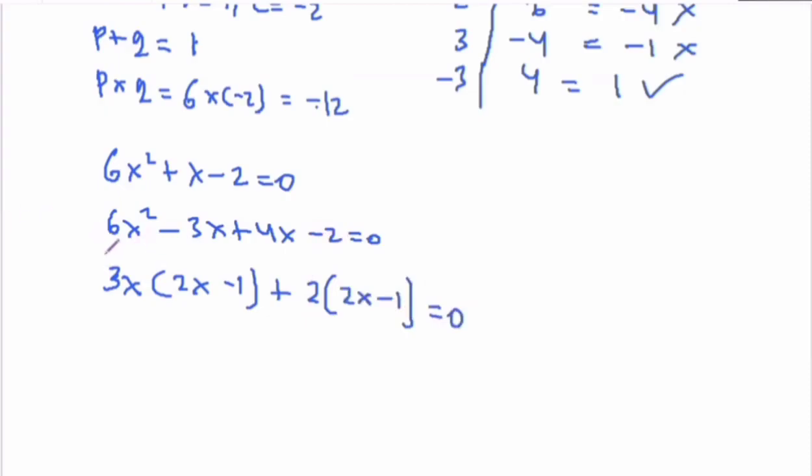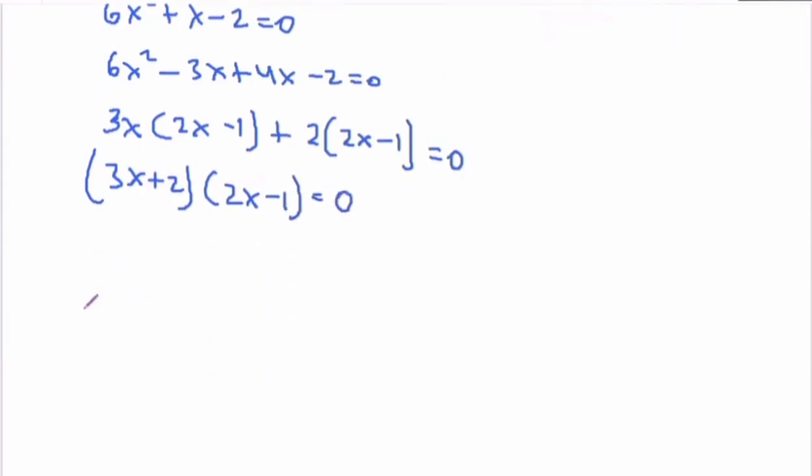To factorize that, the highest common factor between 6 and 3 is 3, and the highest common factor between 4 and 2 is 2. And then we get 3x plus 2 times 2x minus 1 is equal to 0. Then 3x plus 2 is equal to 0, or 2x minus 1 is equal to 0.